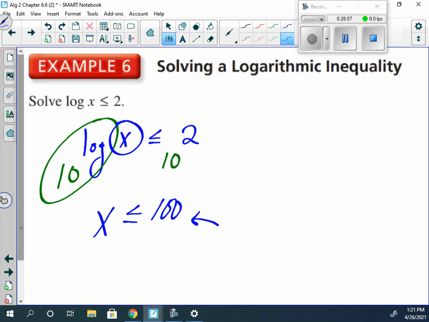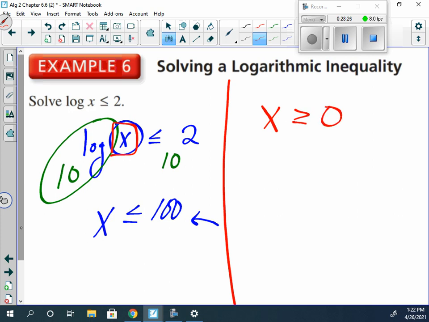So we have to apply a restriction. We have to find out what value x can be. What is the smallest value x can be? We take what's inside the logarithm, which is just x, and say that it has to be greater than or equal to 0, because whatever's inside a logarithm cannot be negative.